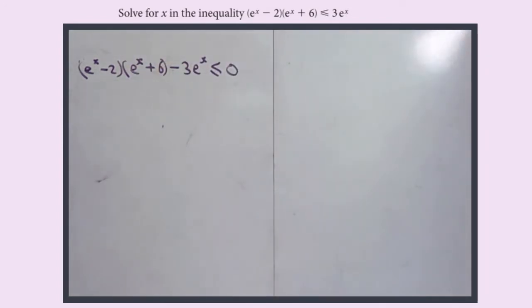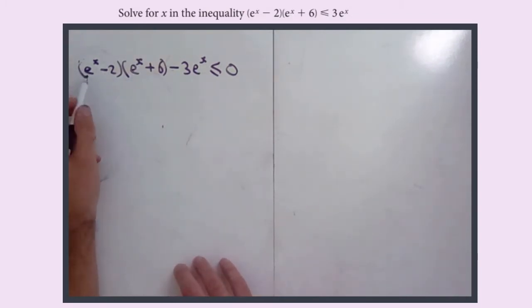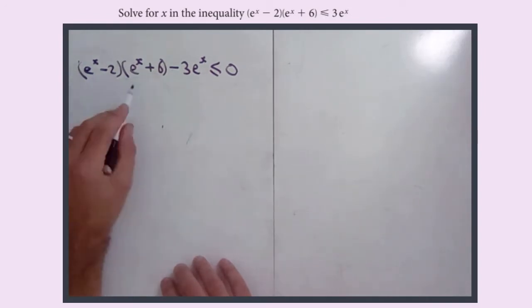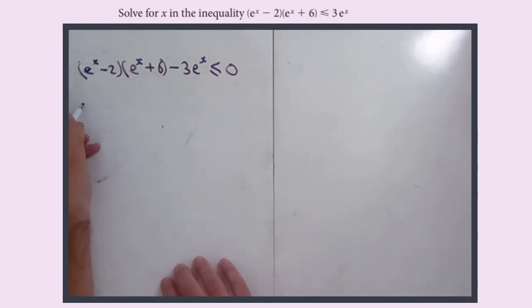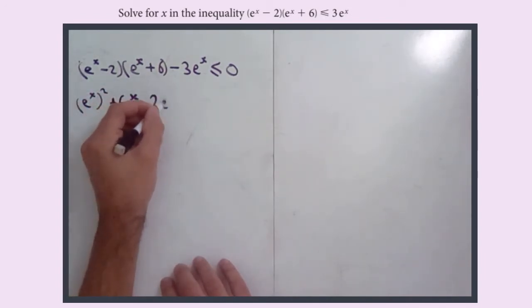We are going to have to expand this, so e^x times e^x. You could say that's e^(2x), but looking at where this is going, I'm going to put (e^x)^2, so that's those two times together, plus 6e^x minus 2e^x.